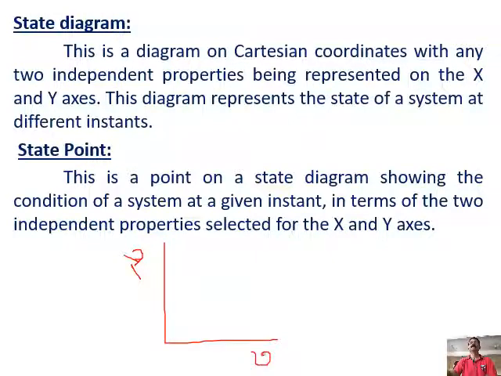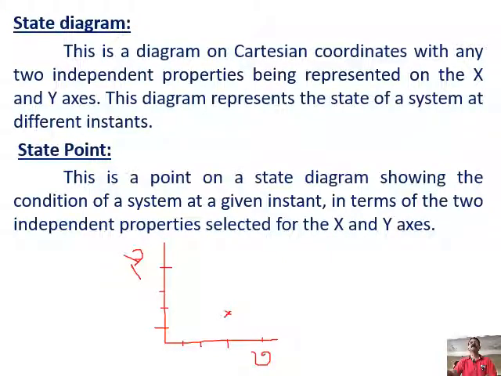Now if you know the pressure, maybe this is 1 bar, 2 bar, 3 bar, 4 bar, and volume 0.5 meter cube, 1 meter cube, 1.5, 2 like that. Suppose it is 1.5 and 2 bar, you will get a point here, at the intersection of that. So this is called the state point. So this represents the state.